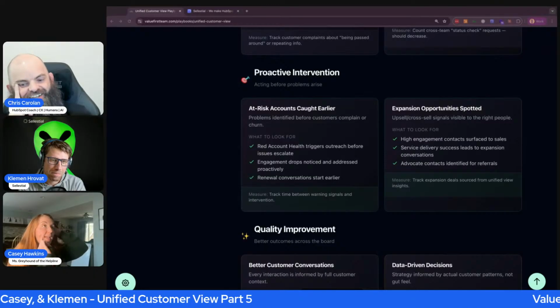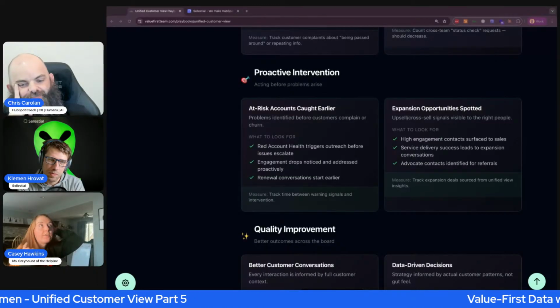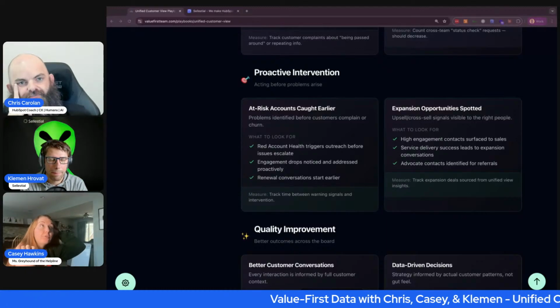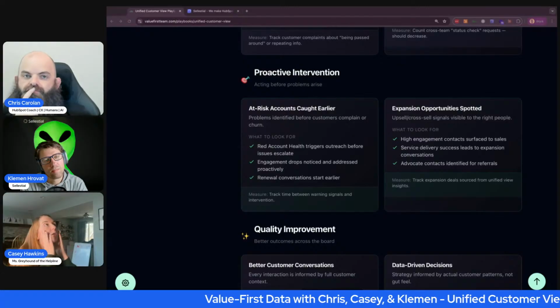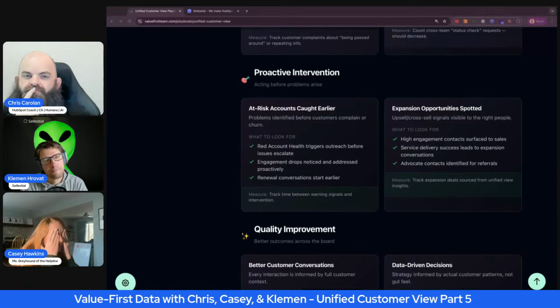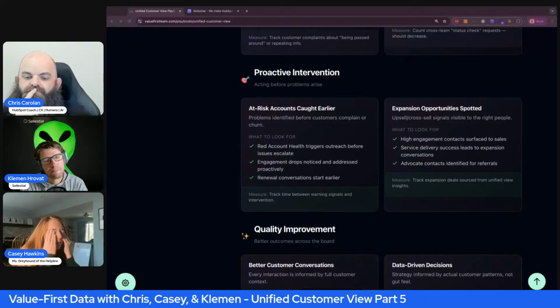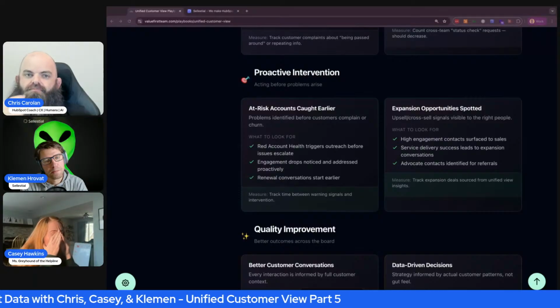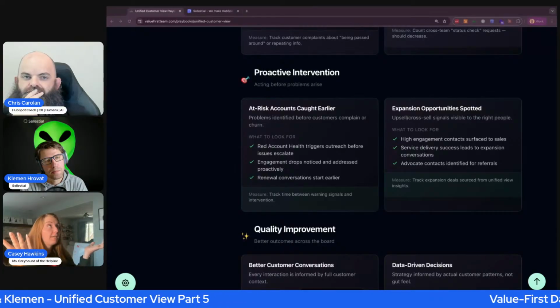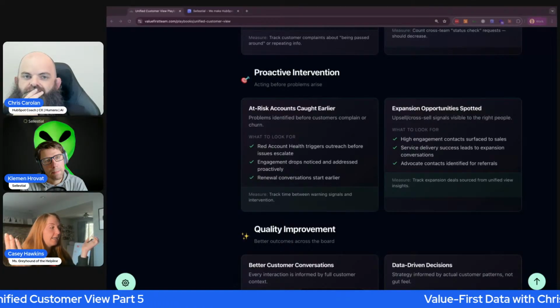Well, I am starting to think through, when we talk about unified customer view, this might be a customer health score, but a lot of this has to be powered by documentation in some way.